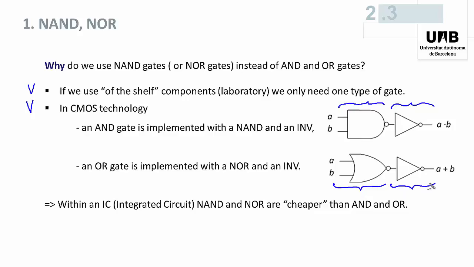So we could say that within an integrated circuit, NAND and NOR are cheaper in some sense than AND and OR gates. Cheaper in this case means that they need less silicon area to be integrated.